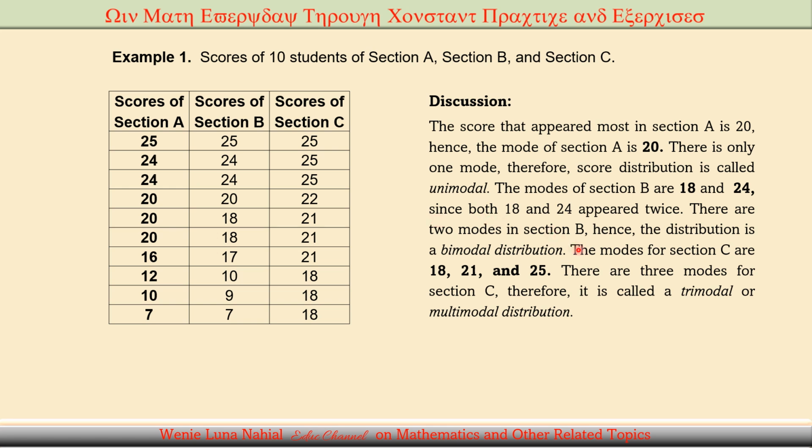Then Section C, it has 18 with 3 counts, 21 with 3 counts, 25 with 3 counts. So there are 3 modes for Section C. Therefore, it is called a trimodal or multimodal distribution.